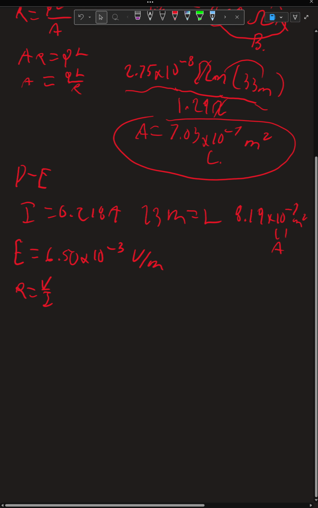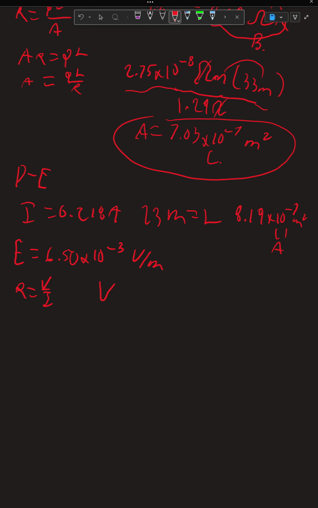To find volts, all we have to do is V equals the field times length. We have length and we have field. Multiply them together. So that'll be 23 m times 6.5 times 10 to the power of negative 3 volts per meter.